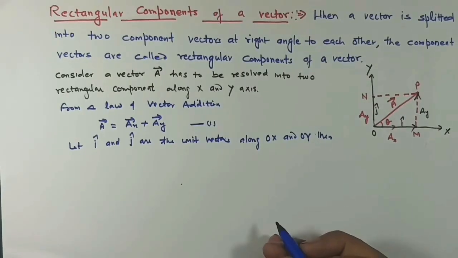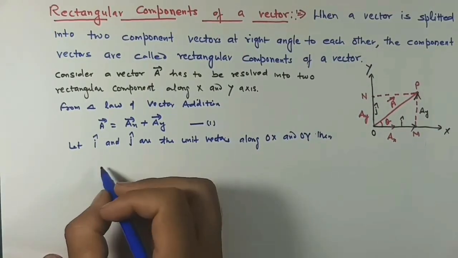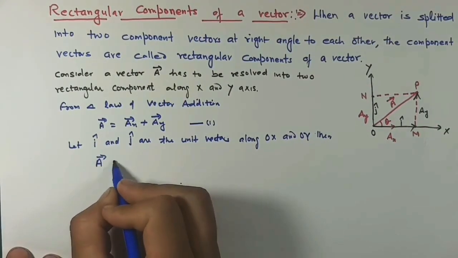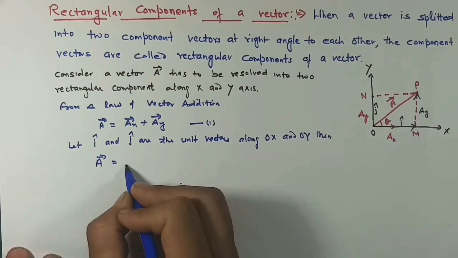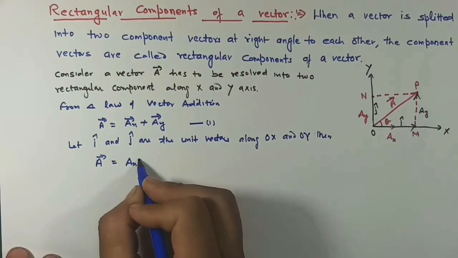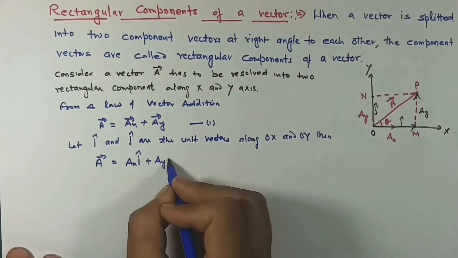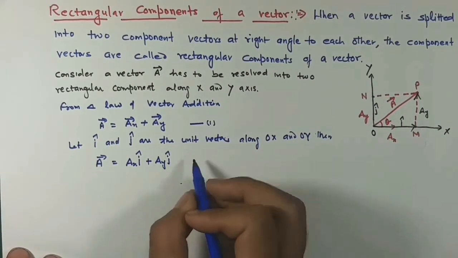Then equation 1 becomes vector A is equal to AX I cap plus AY J cap.